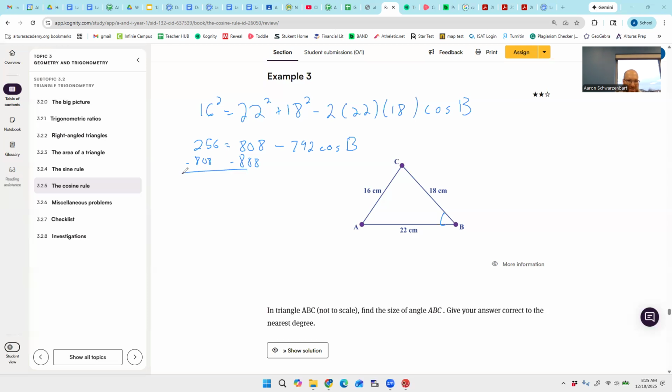Solve the equation using the order of operations. And then I'll divide by 792. That actually makes a nice fraction.